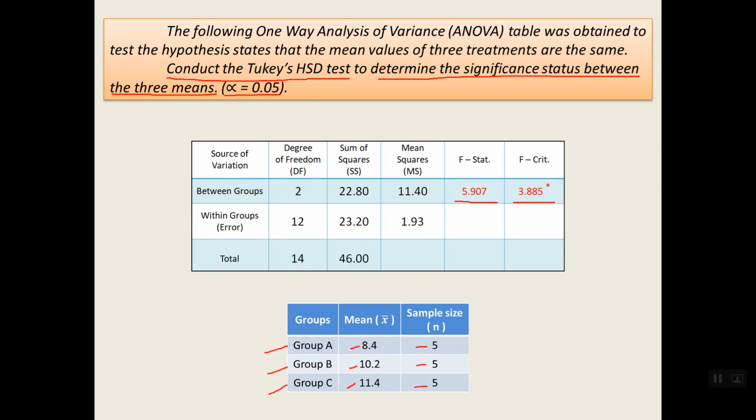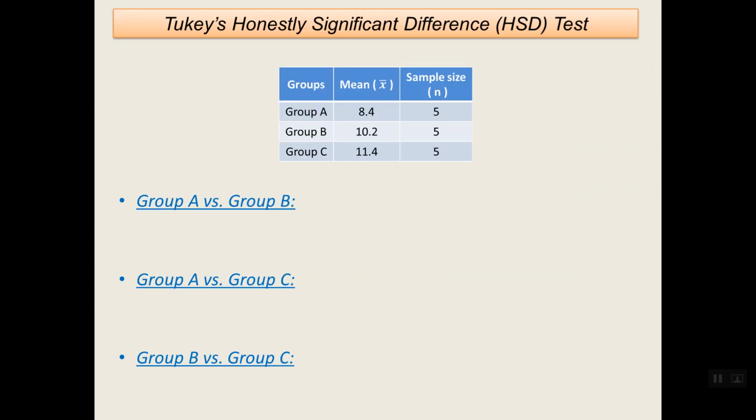Notice that the Tukey HSD test is only used when the sample sizes are the same. Otherwise, we can't use it. So let's start calculating the value of the Tukey HSD.